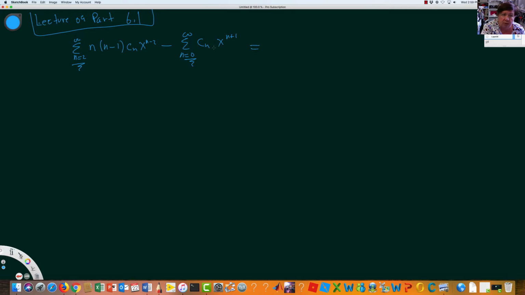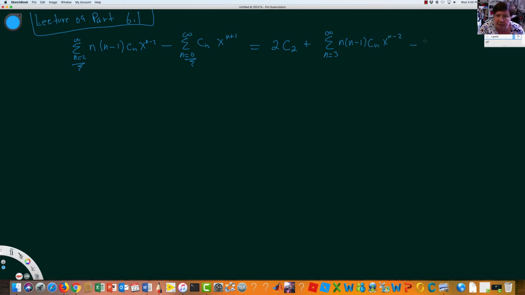So I'm going to take one term out, the first term when n equal 2. And now n equal 2, I'm going to have 2 here. I'm going to have 2 minus 1, that's 1. So I'm going to get 2c_2, and then x to the 0, which is 1. So I'm just taking it out. And then what's left is I'm going to have the sum from n equal 3 to infinity of n minus 1, c_n, x to the n minus 2.